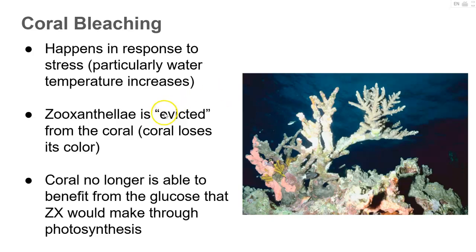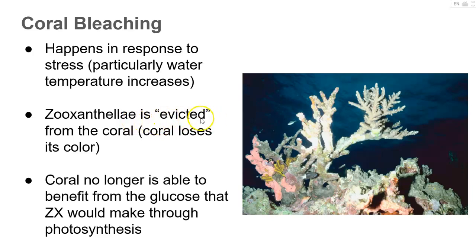So coral bleaching, unfortunately, is something that happens in response to stress, particularly the stress caused by water temperature increases. And this is happening worldwide right now due to climate change. What happens in coral bleaching is that the zooxanthellae, the photosynthesizing algae, is evicted.